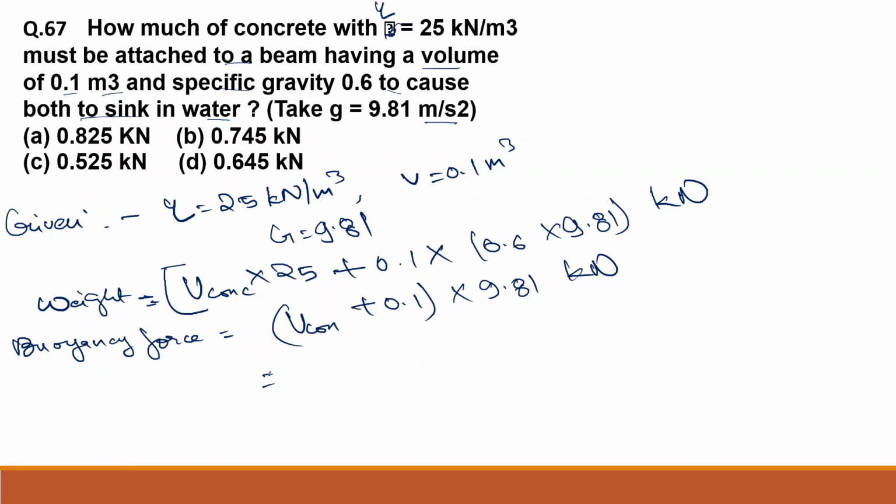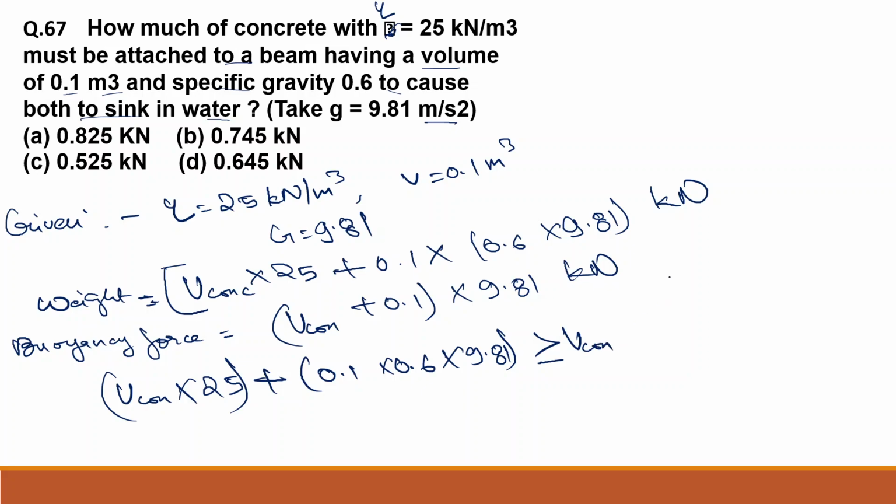By comparing these two equations, V concrete into 25 plus 0.1 into 0.6 into 9.81 is greater than or equal to V concrete into 9.81 plus 0.981.